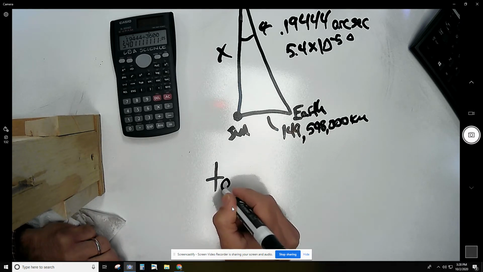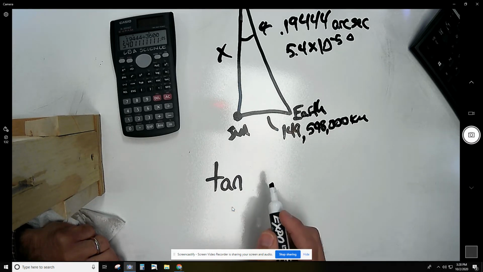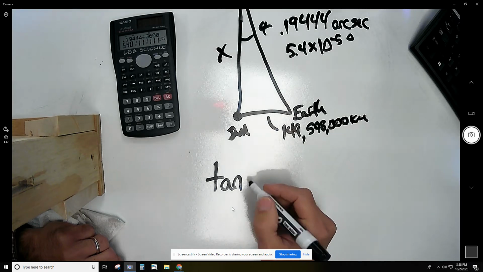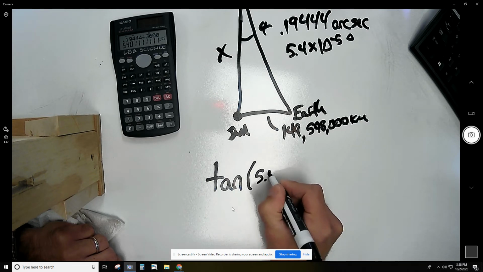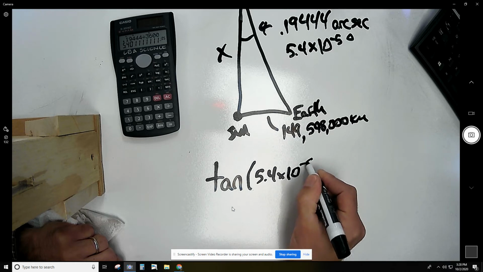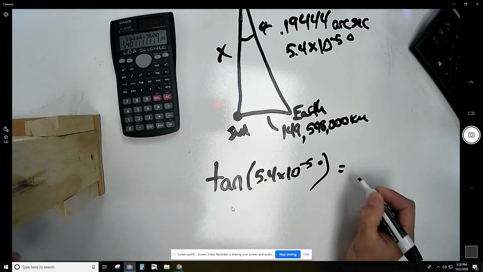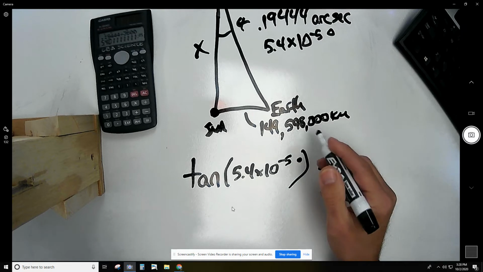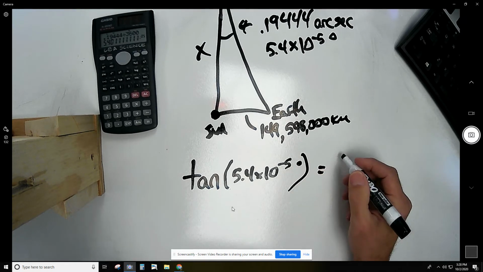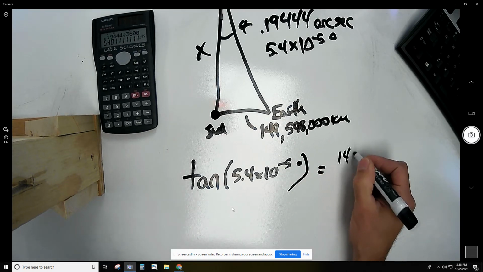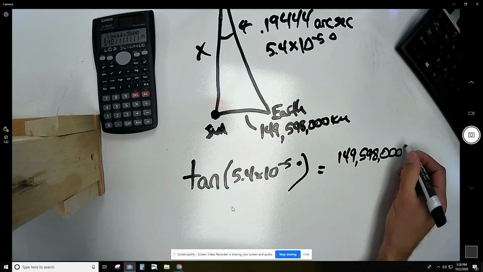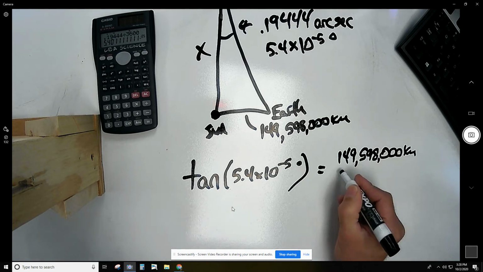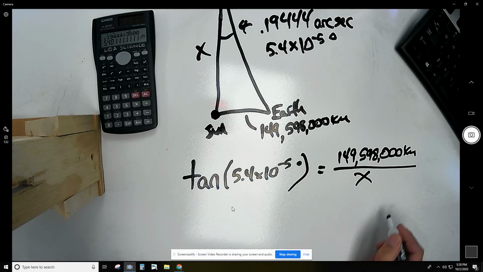Tangent is equal to opposite over adjacent, okay? So the tangent of our tiny little angle, 5.4 times 10 to the negative 5 degrees, is equal to this big number, 1 AU, or 149,598,000 kilometers, the opposite, over the adjacent, which is x.